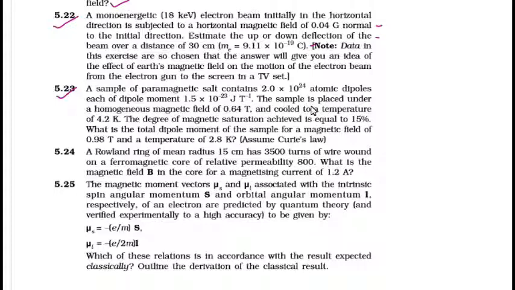The sample is placed in a homogeneous magnetic field of 0.64 Tesla and cooled to a temperature of 4.2 K. The degree of magnetic saturation achieved is equal to 15%.